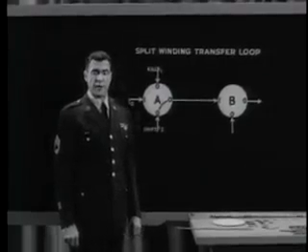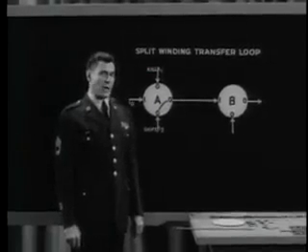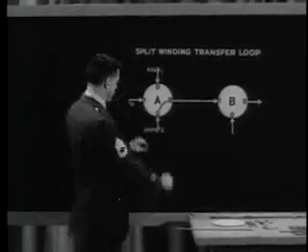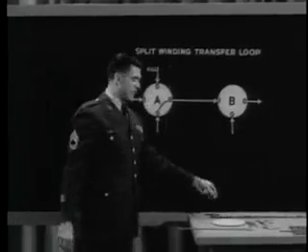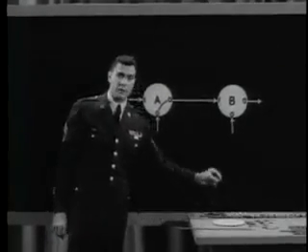The third transfer loop, the inhibit transfer loop, is really a variation of the split winding transfer loop. It offers the same kind of isolation between the sending and receiving cores, plus an additional means of control over the transfer.